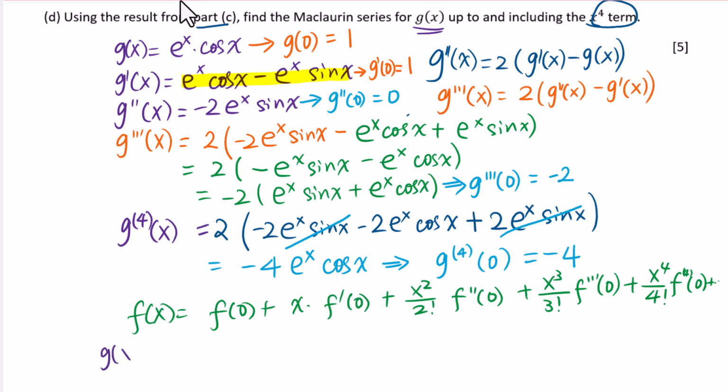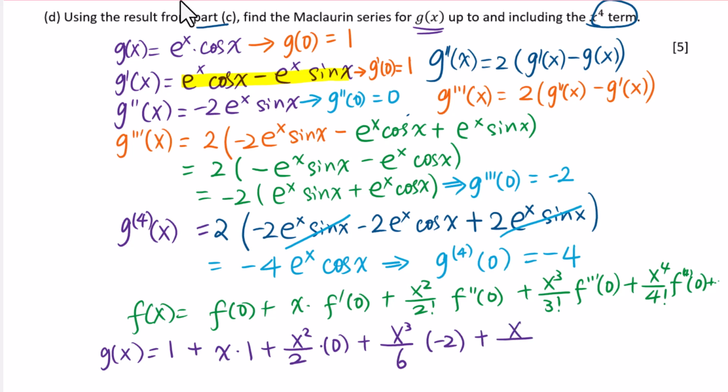G of x equals 1 plus x times 1 plus x squared over 2 times 0 plus x to the third power over 3 factorial, which is 6, times negative 2 plus x to the fourth power over 4 factorial, which is 24, times negative 4.